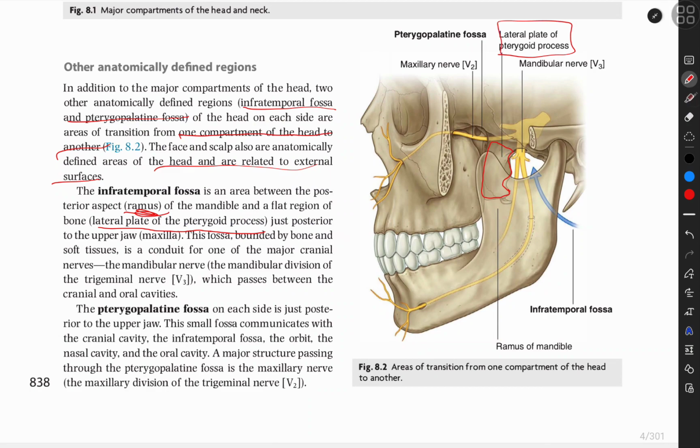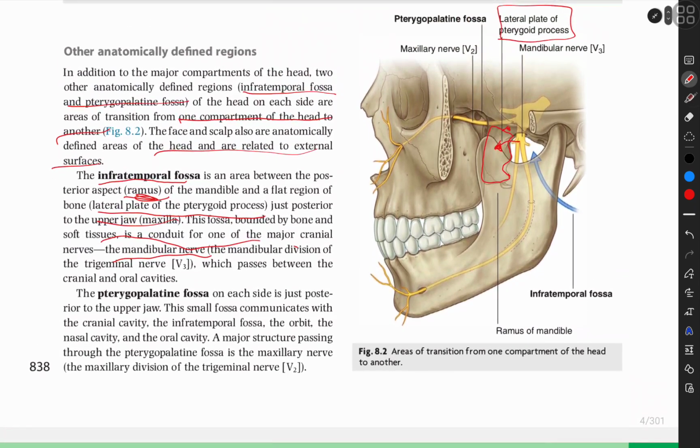So the space inside this bone but outside this bone is the infratemporal fossa, just posterior to the upper jaw. This fossa, bounded by bone and soft tissues, is a conduit for one of the major cranial nerves, the mandibular nerve, the mandibular division of the trigeminal nerve. This is V3.